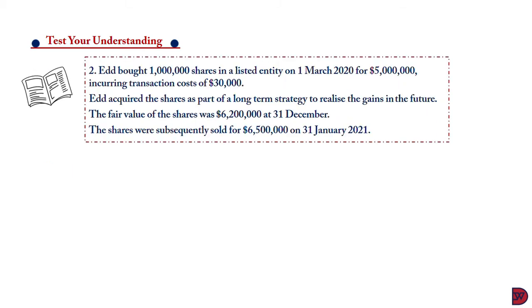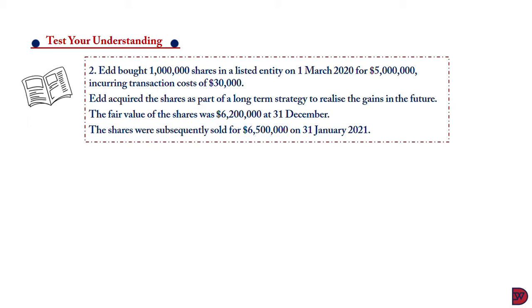Second example. Ed bought 1 million shares in a listed entity on 1st March 2020 for $5 million, incurring transaction cost of $30,000. Ed acquired the shares as part of a long-term strategy to realize the gains in the future. The fair value of the shares was $6.2 million at 31st December.